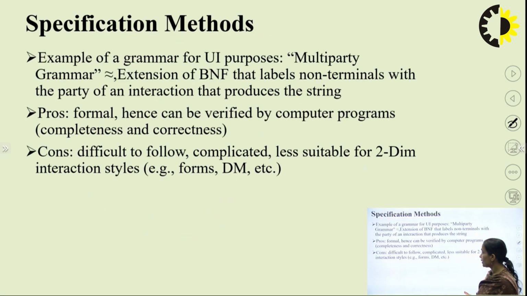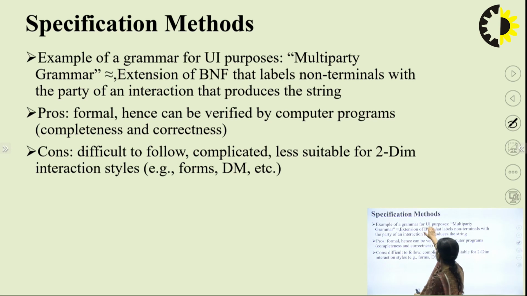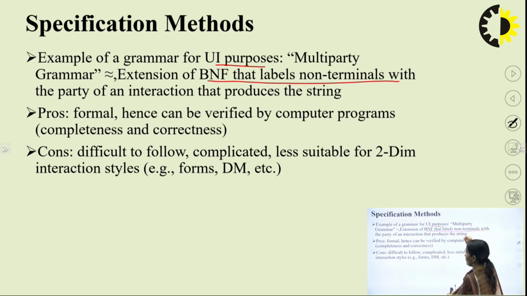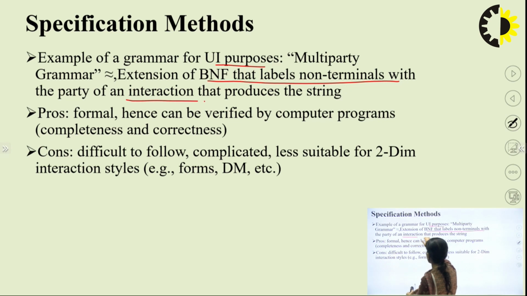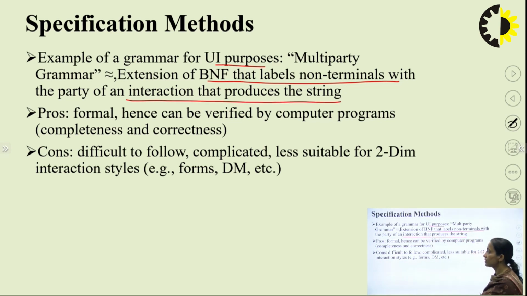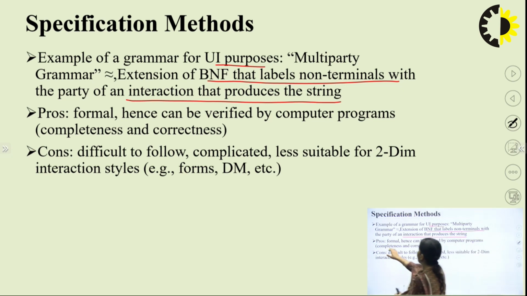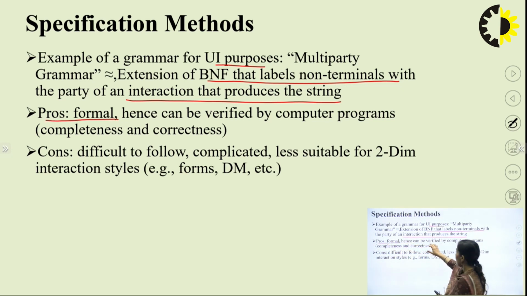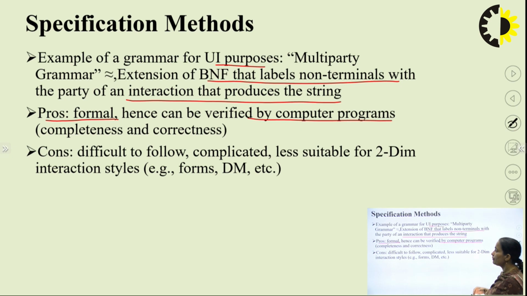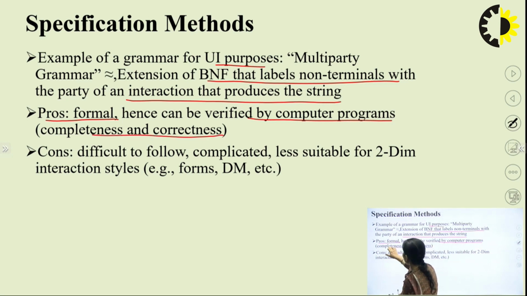If we take an example of a grammar for UI purposes, that is the multi-party grammar, which is an extension of BNF that labels non-terminals with the party of an interaction that produces the string. The advantage of using this is that it is a formal method and it can be verified by computer programs to see whether it is complete and giving the correct result.